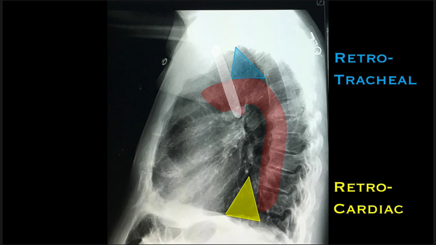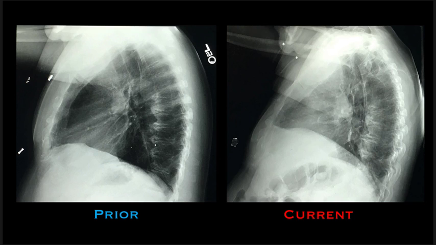Remember, nothing's supposed to live there. That is no man's land. So if we go back to our prior and current exam, and we take a look in that retrocardiac triangle, sure enough, it was black before, and now it's got some white stuff in it. So that's our retrocardiac opacity, and that was a pneumonia.